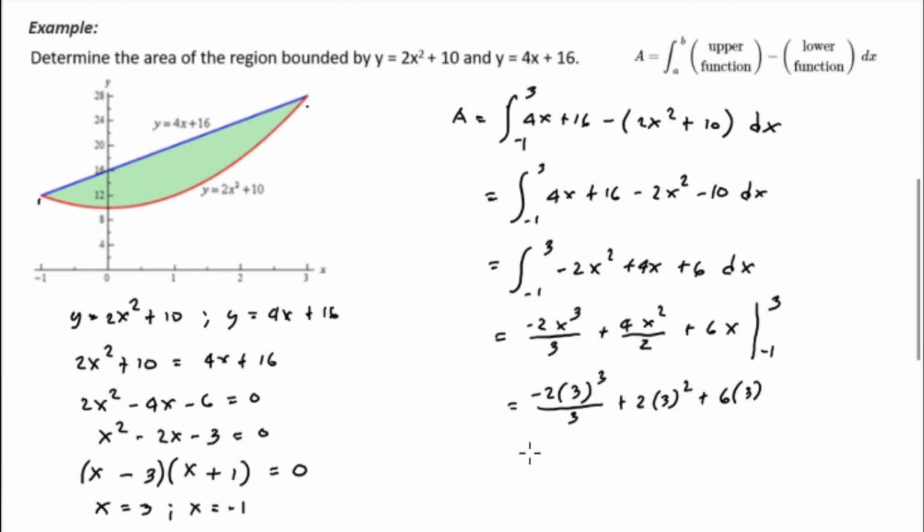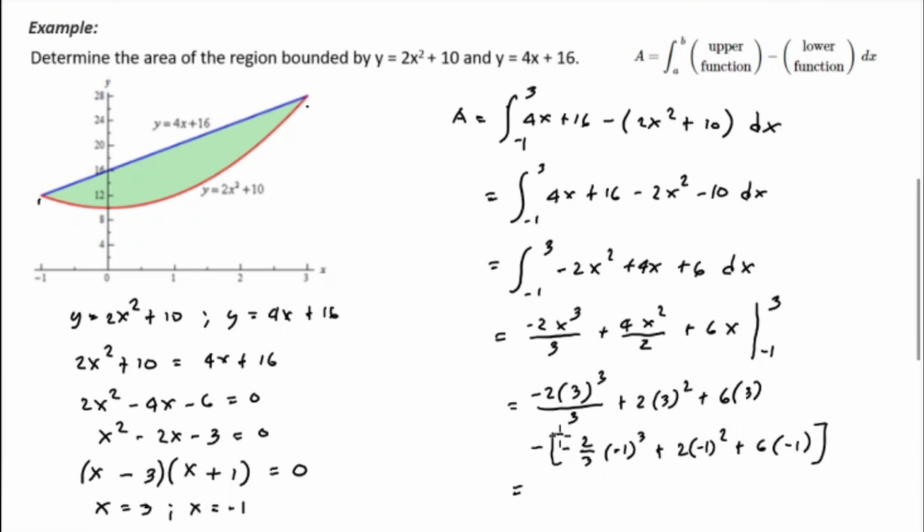The lower limit, which is negative 1: negative, open parenthesis, negative 2/3 of negative 1 cubed plus 2 times negative 1 squared plus 6 times negative 1, close parenthesis, and we simplify.